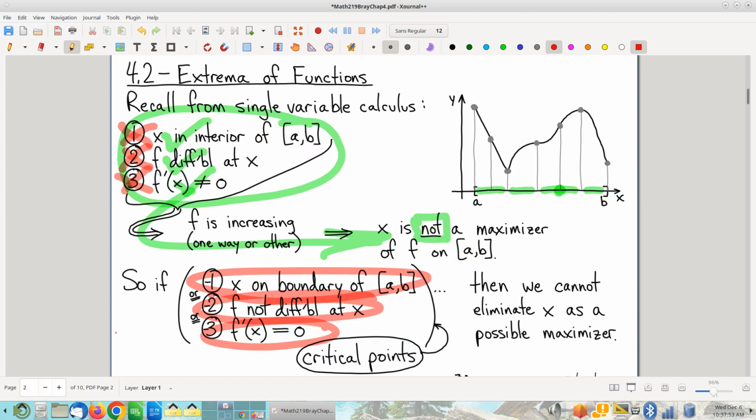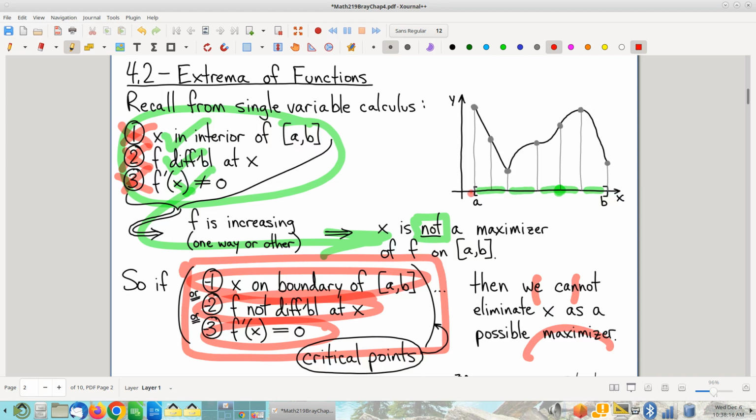Points that satisfy any of these three conditions, I don't know what's going on at those points. Maybe they're maximizers, perhaps. How would I know? I just can't eliminate it based only on what I'm seeing in the algebra here, right?